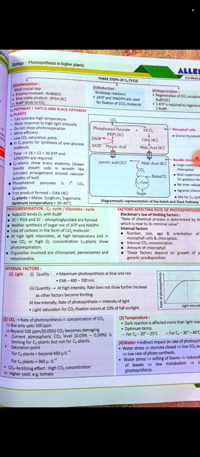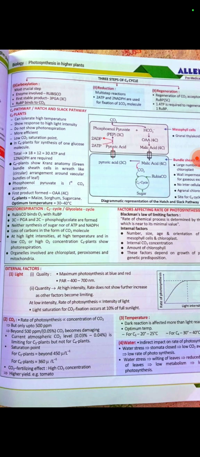Photorespiration, which is the C2 cycle or glycolate cycle. So RuBisCO binds to oxygen with RuBP. 3 carbon PGA and 2 carbon phosphoglycolate are formed. Neither synthesis of sugar nor ATP and NADPH occurs. There is loss of carbon in the form of CO2 at high light intensities and high temperature.